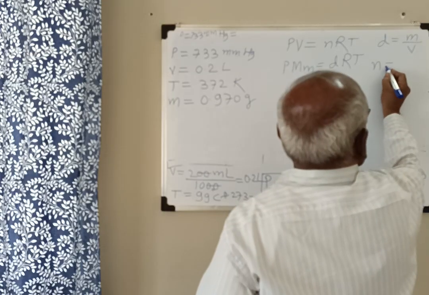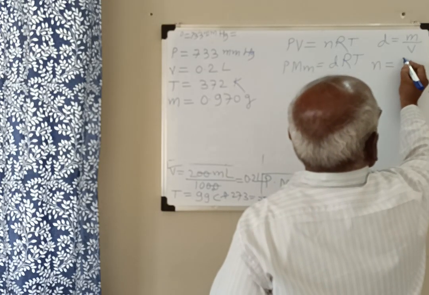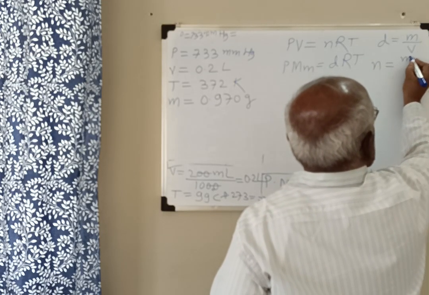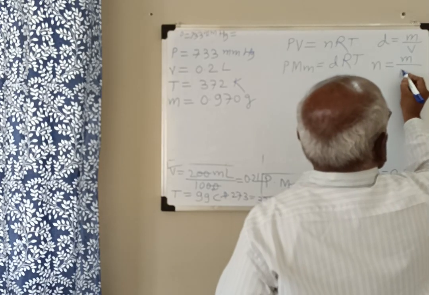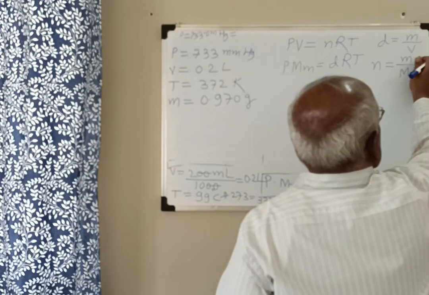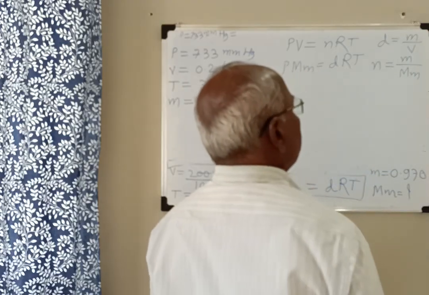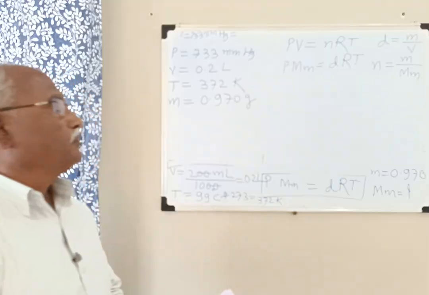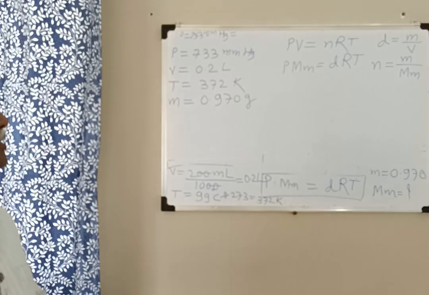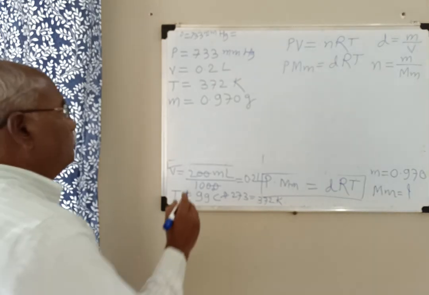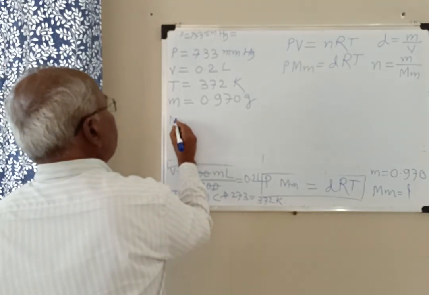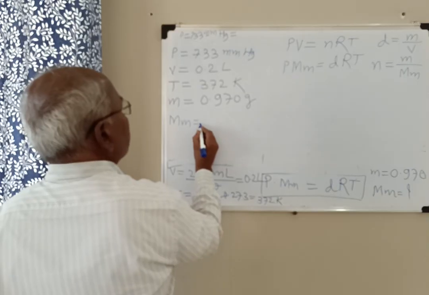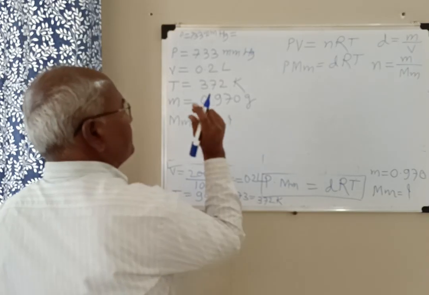Number of moles, n is equal to m upon M, mass of the substance divided by molar mass of the substance or molecular weight. In the problem, we are asked to find out the molecular weight. M is equal to question mark.